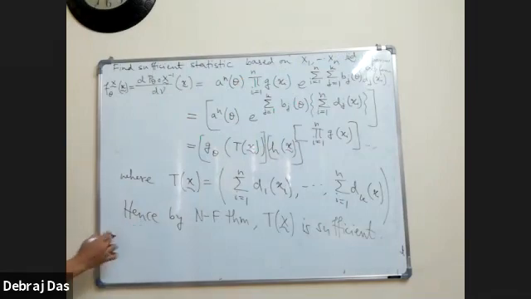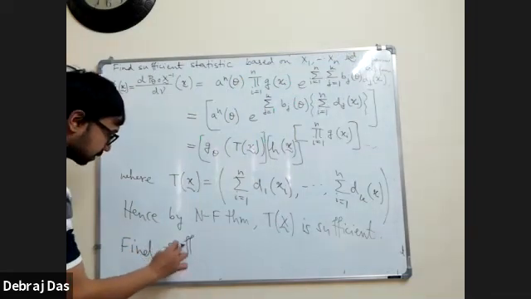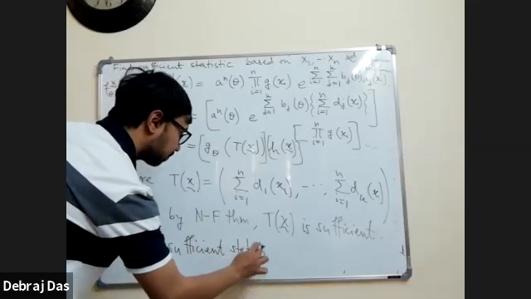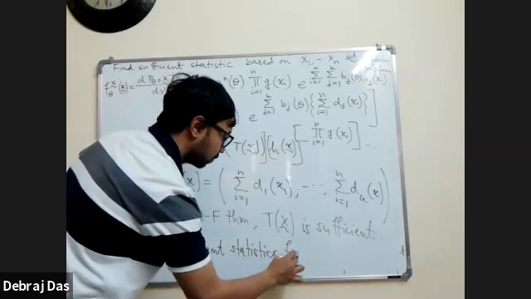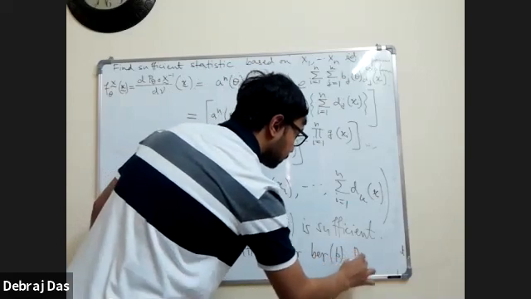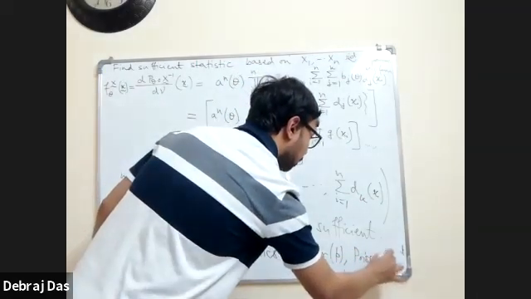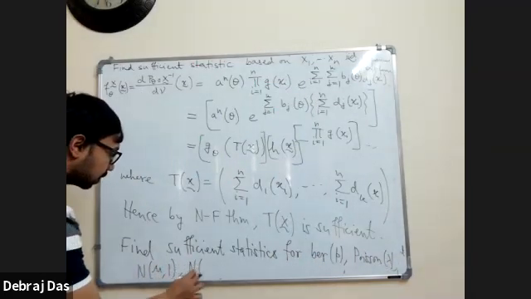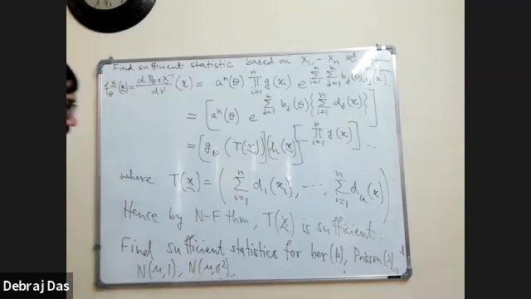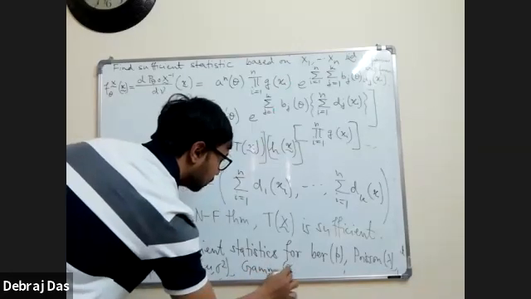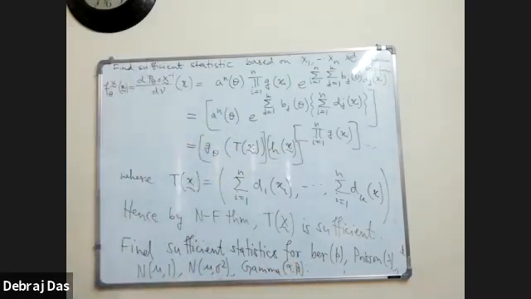So as a byproduct, find sufficient statistics for Bernoulli p, Poisson lambda, normal mu 1, normal mu sigma square, and so on.